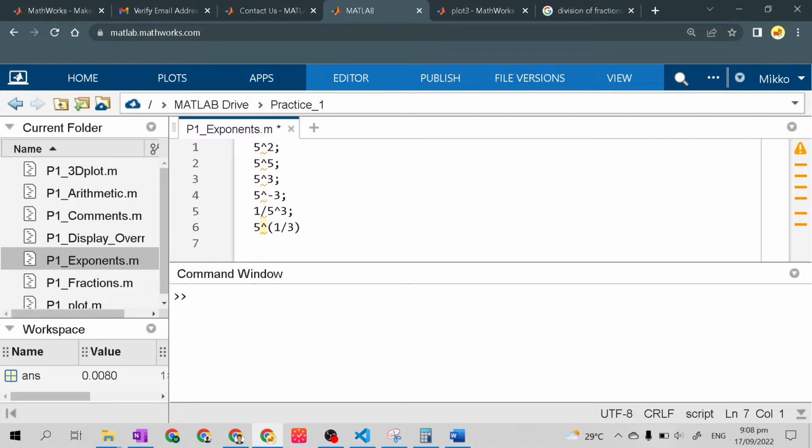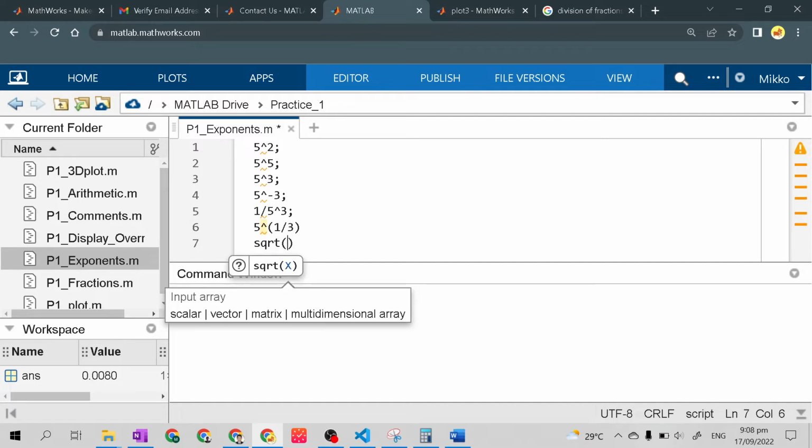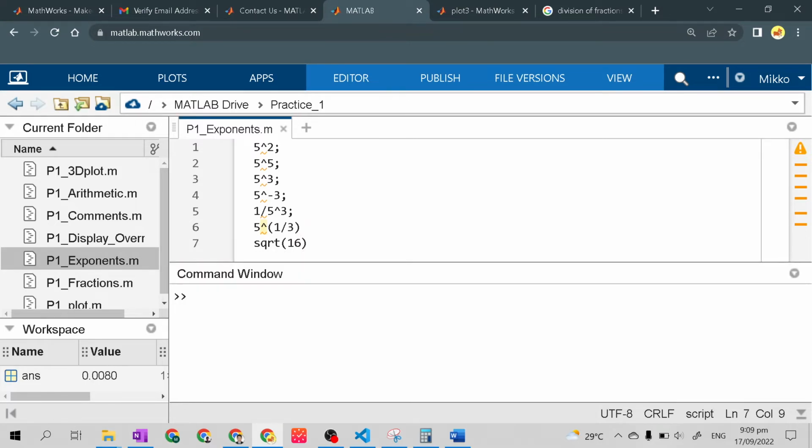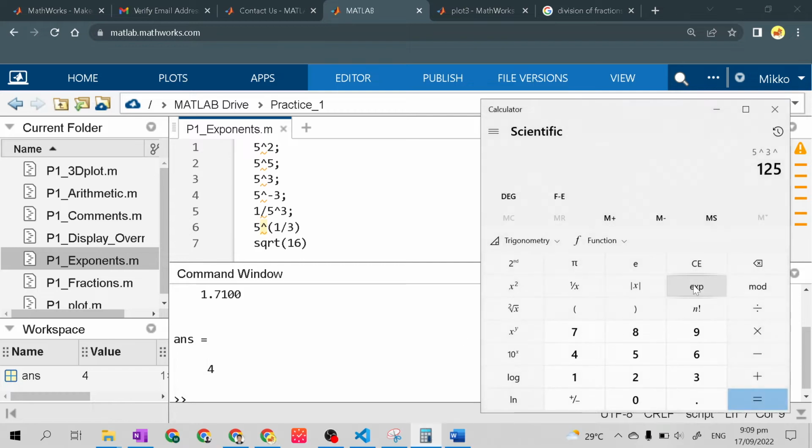Another way to make a radical expression or square root, only square root, is SQRT, for square root of 5, or square root of, let's see, 16. Okay, so let's try F5. So this is cube root of 5 and this is square root of 16. Let's see in our calculator if the cube root of 5 is right.